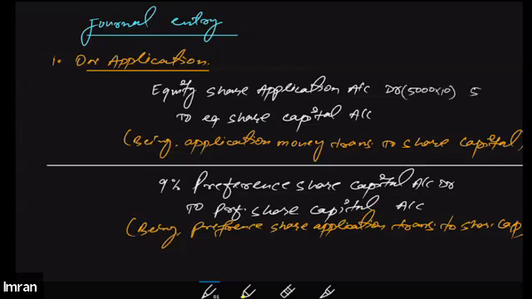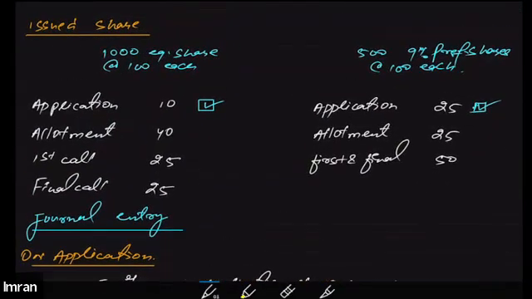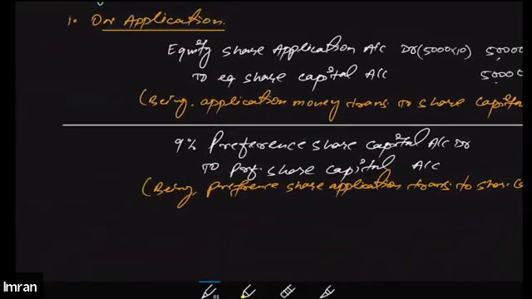That means 50,000 has been received on application. For preference shares, we have issued 500 preference shares, right? And on each share, we have received 25. So 500 into 25. All right. So that means 7,500.